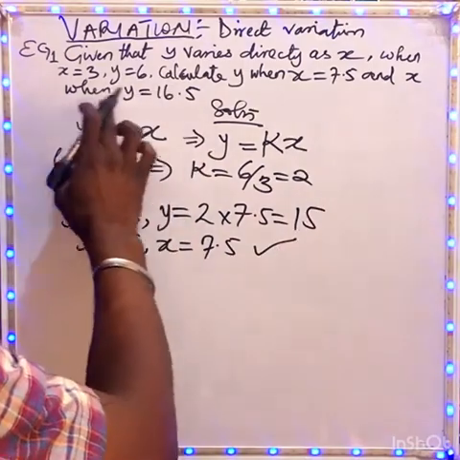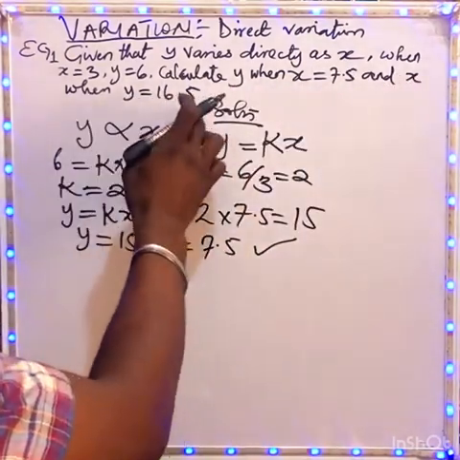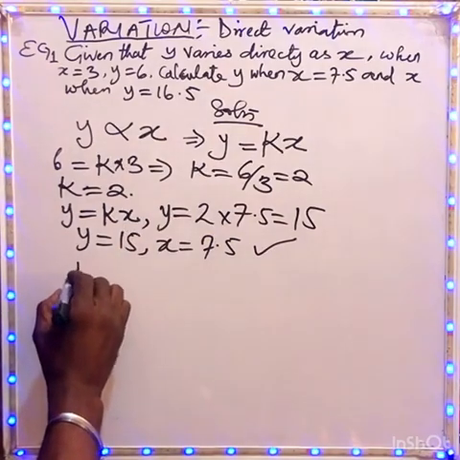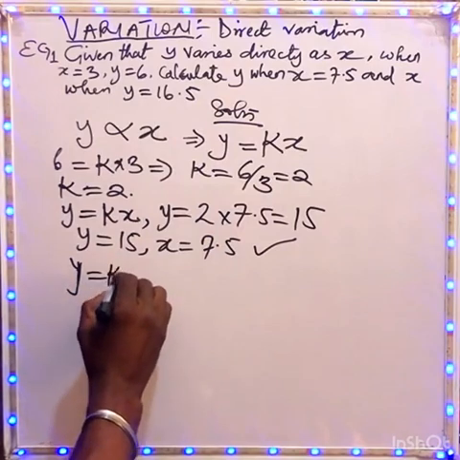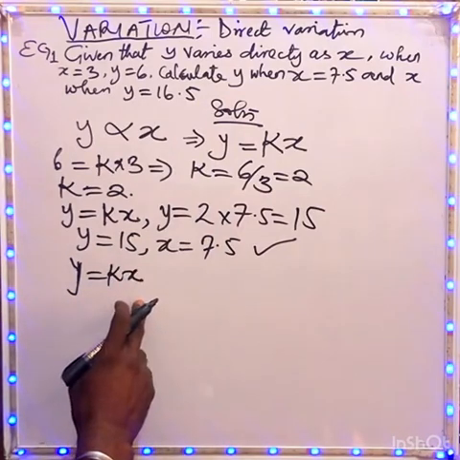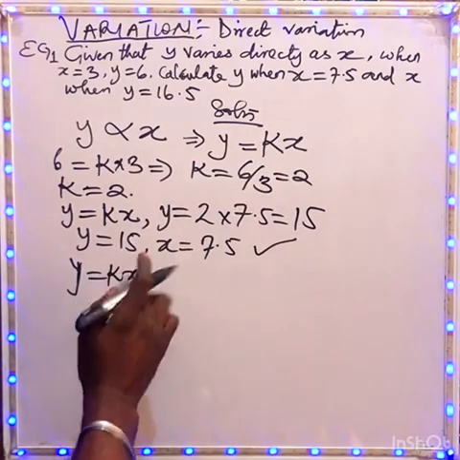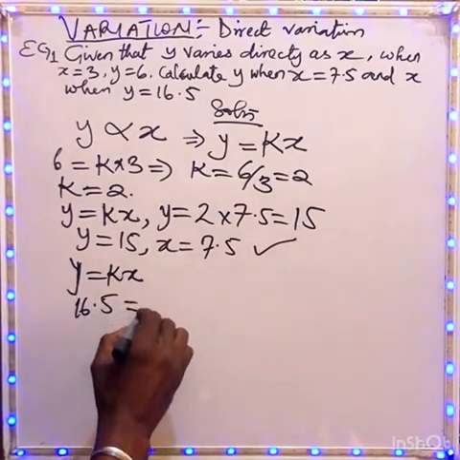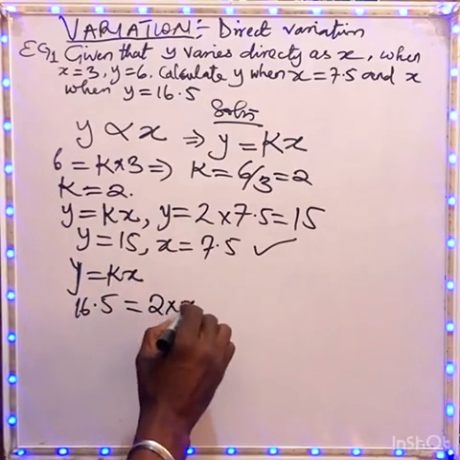Then the second solution: we are told to find x when y is equal to 16.5. We have our equation already, y is equal to kx. We are told to look for the value of x. Now, we were given that y is equal to 16.5, which is equal to 2, which is k, multiplied by x.